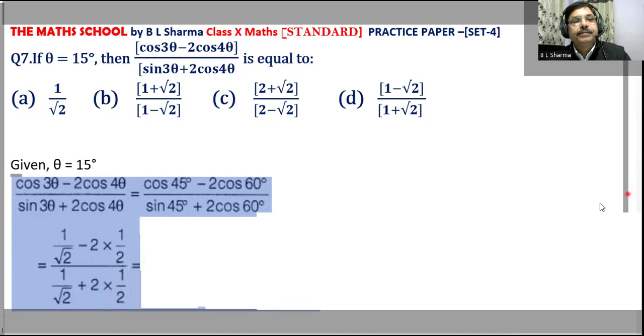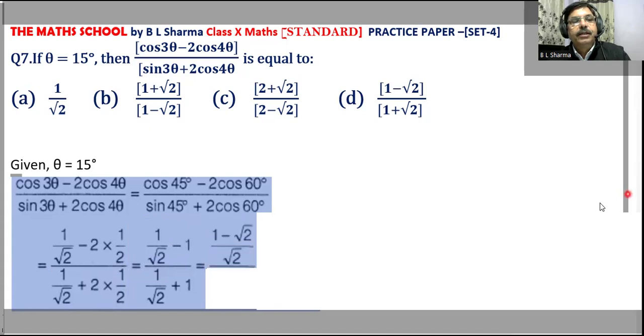Can you simplify? Take LCM, root 2 in the numerator. In the denominator also take root 2. Now this root 2 and root 2 cancel out. What is left? 1 upon root 2 minus 1, upon 1 upon root 2 plus 1.